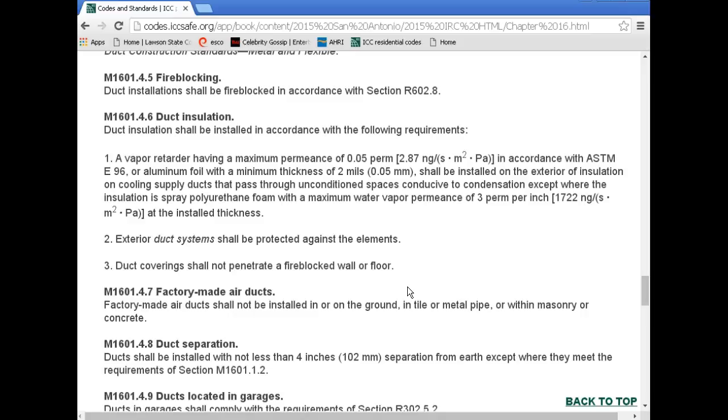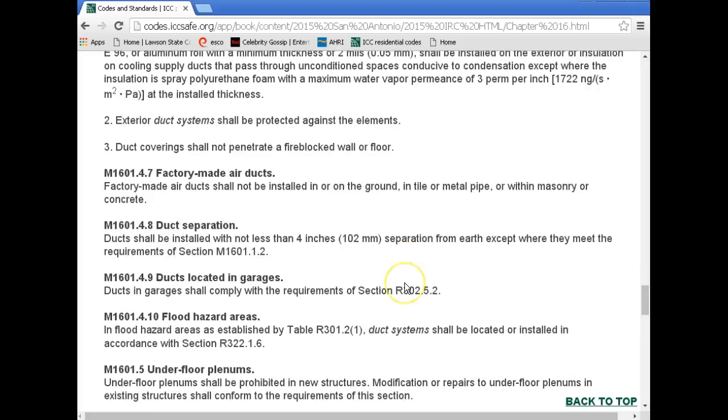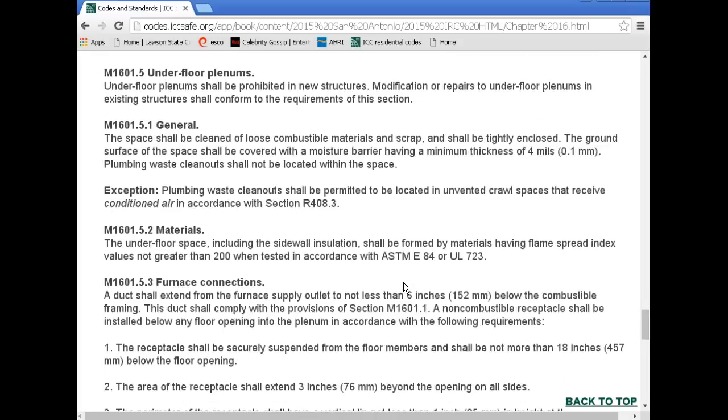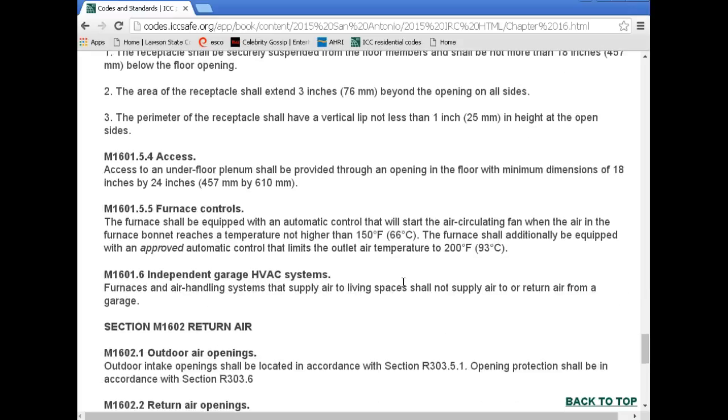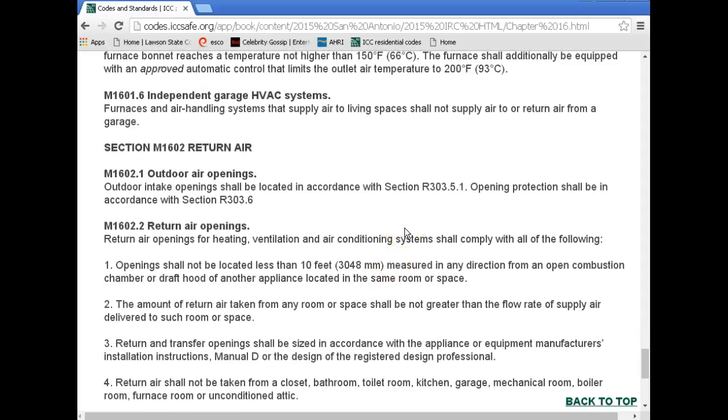Yeah, I can't believe they're not going to tell us anything else about support. Okay. All right, let's take a look at return air. Let's look at prohibited sources, well, that's a different number now, 1602.2.